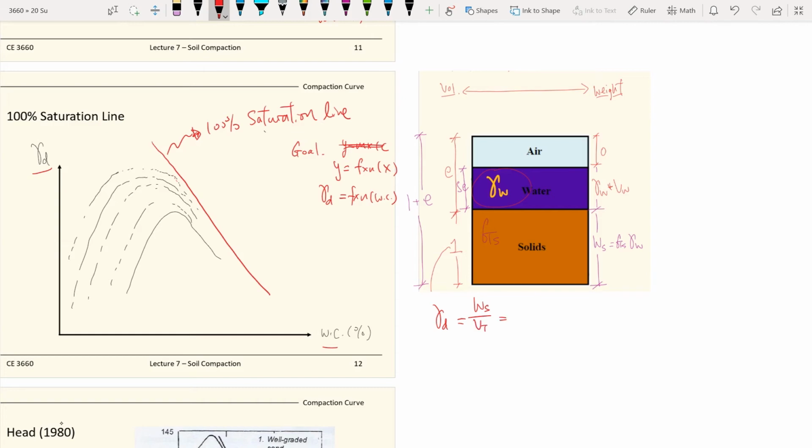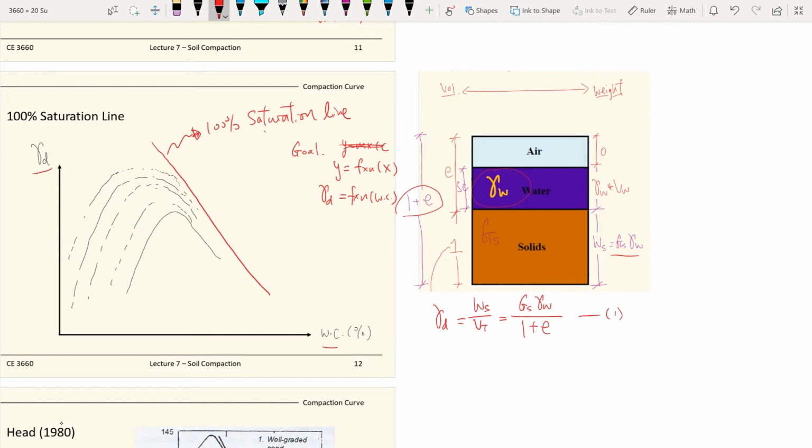Through this phase diagram, the weight of the solid is G sub S times gamma W. If you want to know how we set up this phase diagram, you can go back to lecture one. And the total volume here is 1 plus the void ratio, e. So this gives us equation one.